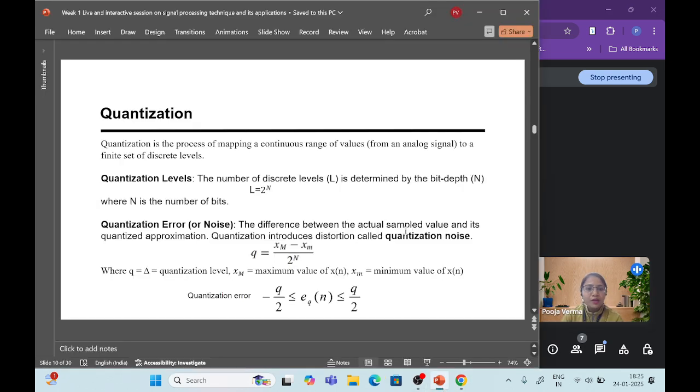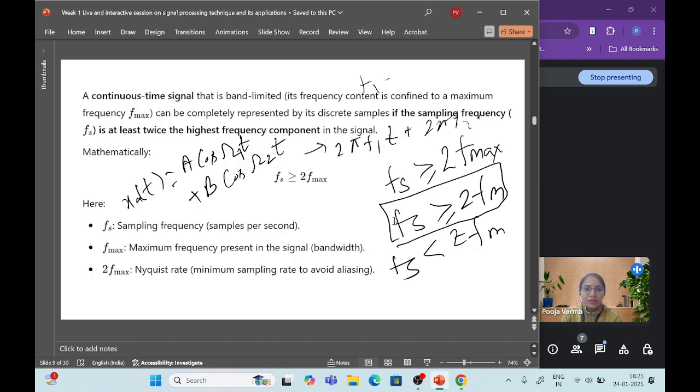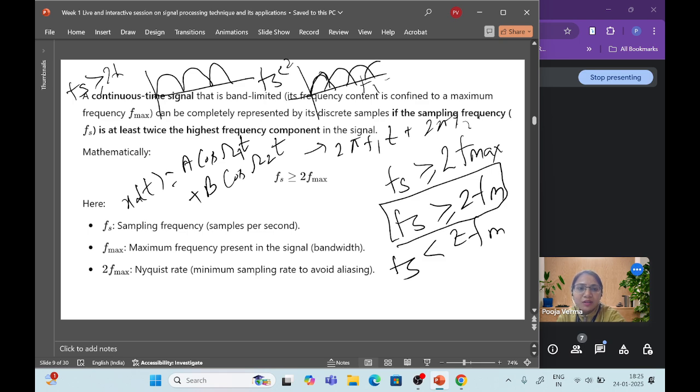Okay, when we are sampling the signal, if fs is greater than or equal to 2fm, then we will sample like this. But if fs is less than 2fm, then the signals will coincide with each other like this.